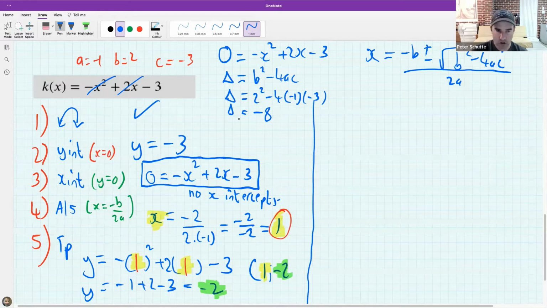So if you cannot solve this equation, what does it mean? It means there are no x-intercepts. I want to make sure you understand this. Do you understand that if you try to solve for the x-intercepts and the formula says delta is negative, it means there are no x-intercepts? Give me a thumbs up if you understand that.